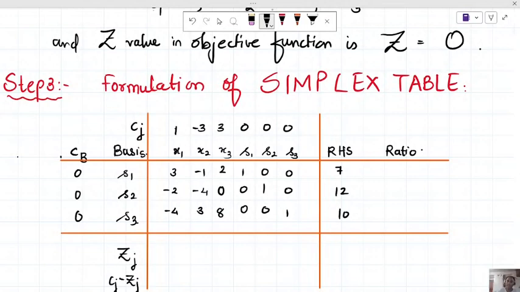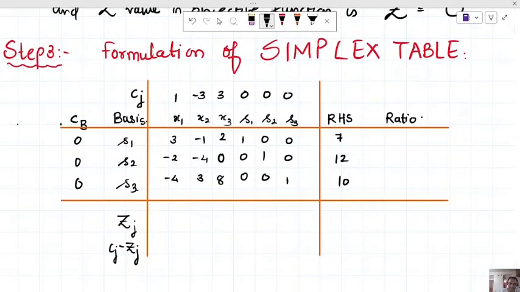We need to calculate Zj. Zj is calculated by multiplying Cb into every column. Since it is the first table, all values are going to be 0. We calculate Cj minus Zj. So here it is 1, minus 3, 3, 0, 0 and 0.